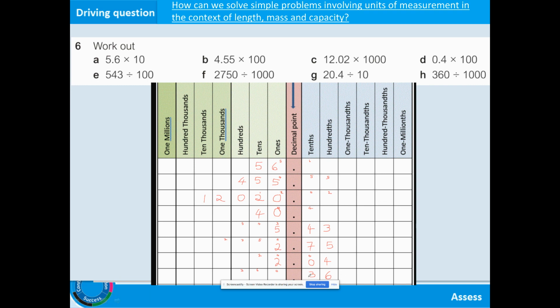However, because these are decimal numbers, I do need to put a 0 in here to show that there's no whole number. Okay, so 360 divided by 1,000 is 0.36. Okay, make any corrections that you need to, and we'll move on to the next slide.